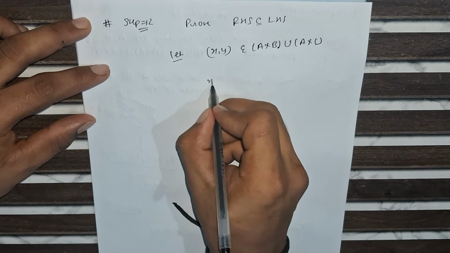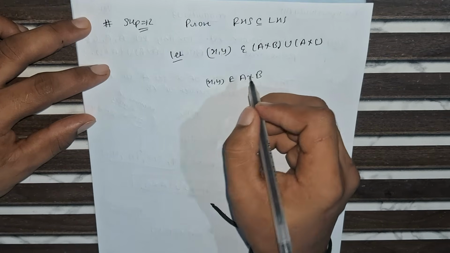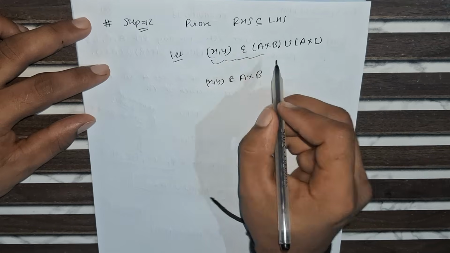Then (X, Y) belongs to A cross B, I consider this case here.